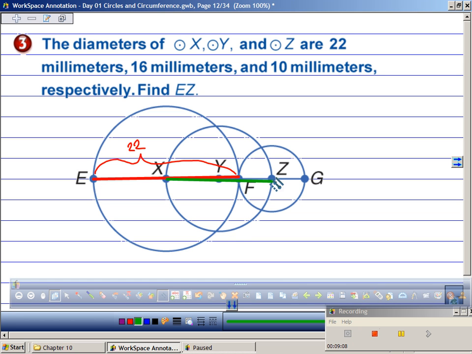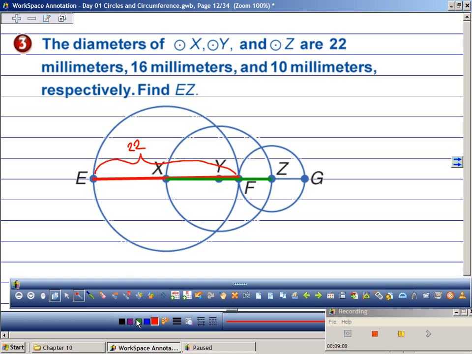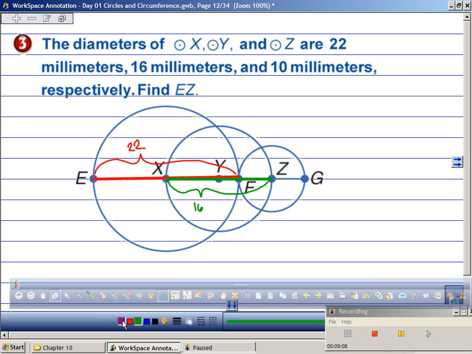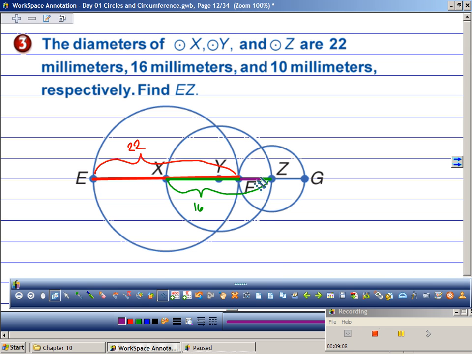This diameter is 16. Put this one below so you can see it. And finally, this diameter is 10.